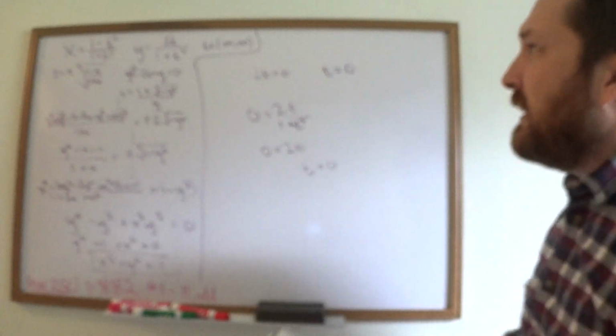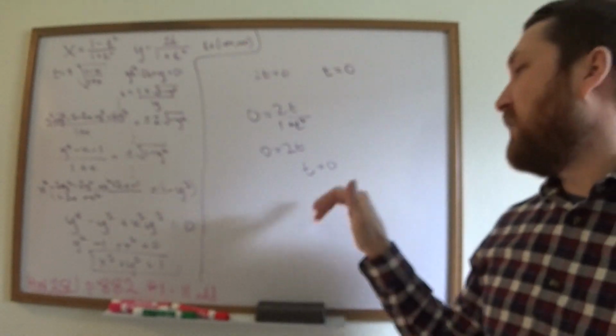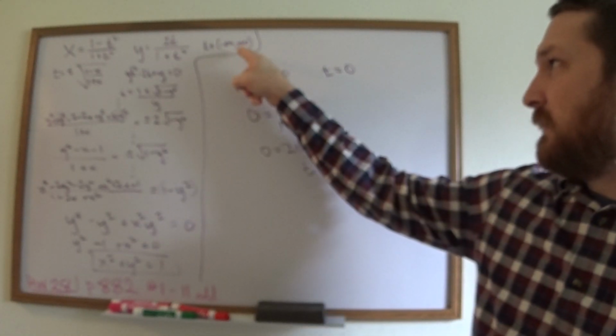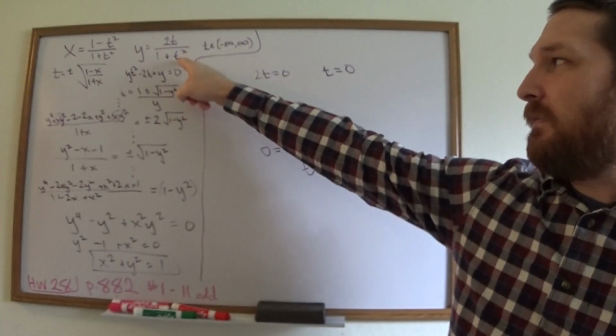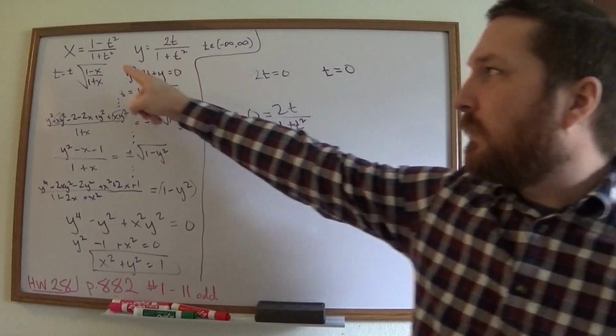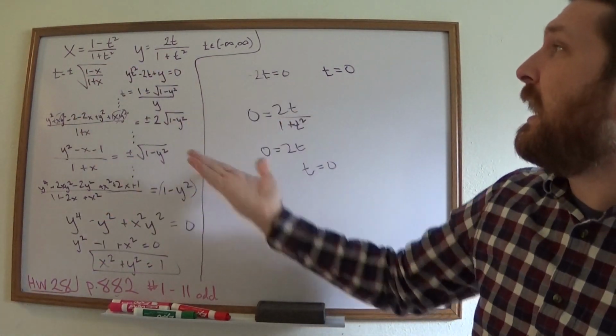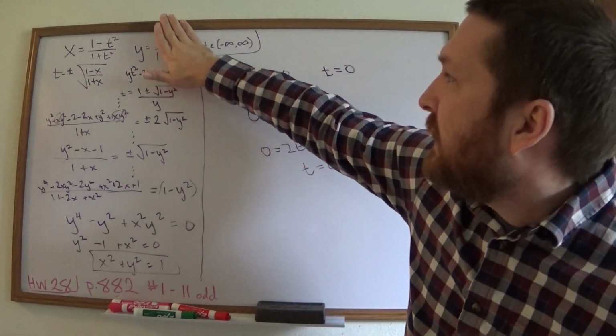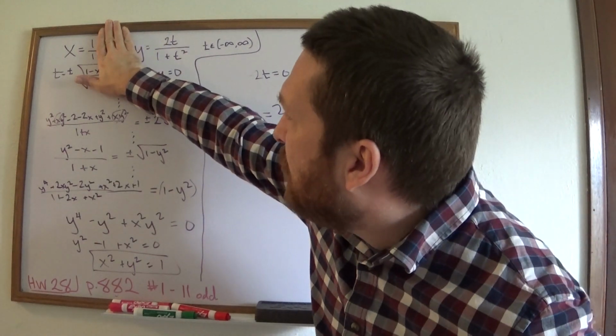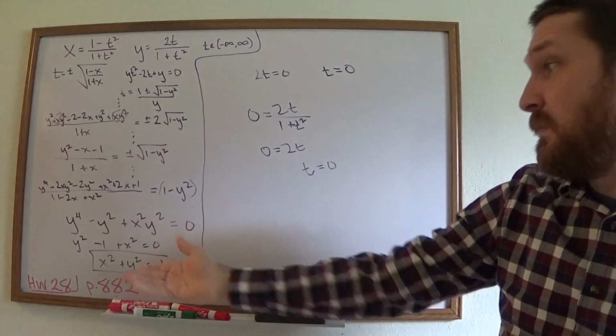Is that legit? Is 0 in the domain of this thing? When I plug it in, do I have any problems here? No, it's perfectly good. In fact, when I plug in t equals 0, I get y equals 0, x equals 1, so that gives me actually one of my parts.